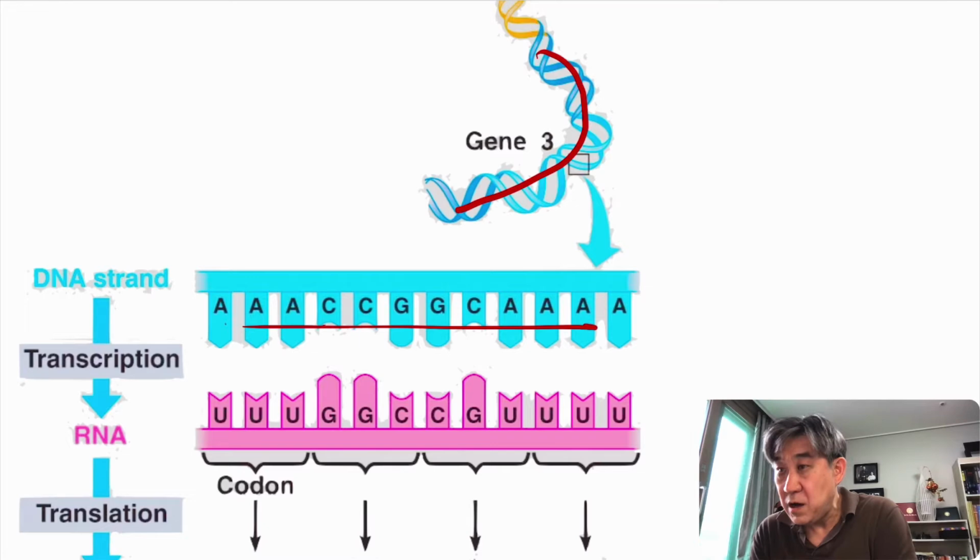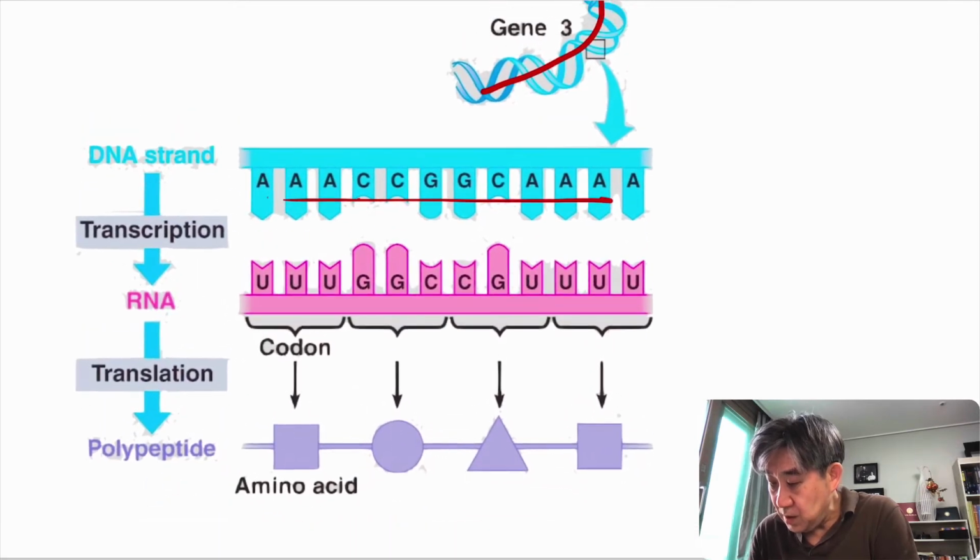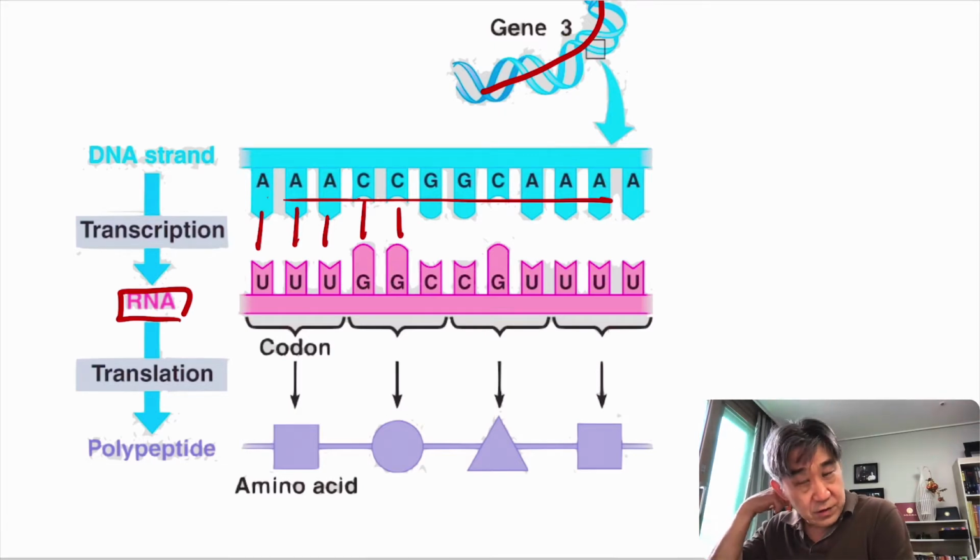This is a part of gene 3, and this gene will produce RNA, which is complementary, with U in place of T. You see the relationship between the DNA and RNA. That's why RNA can be referred to as a copy of DNA.